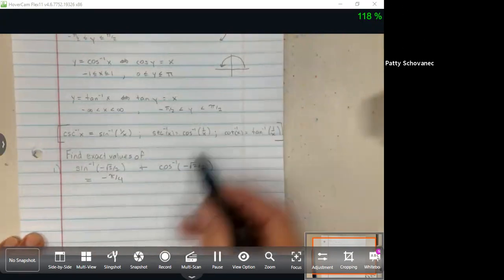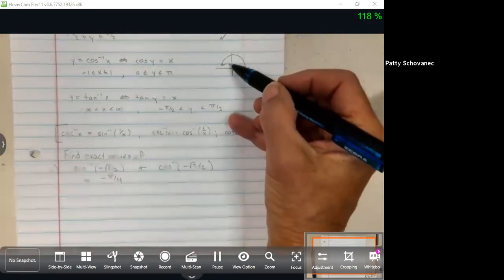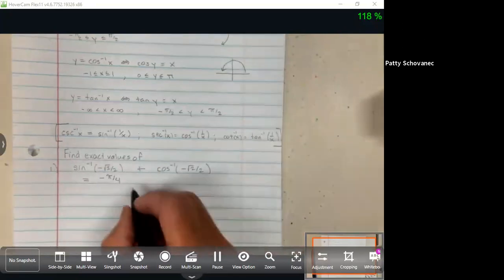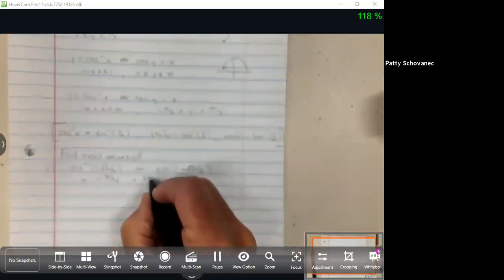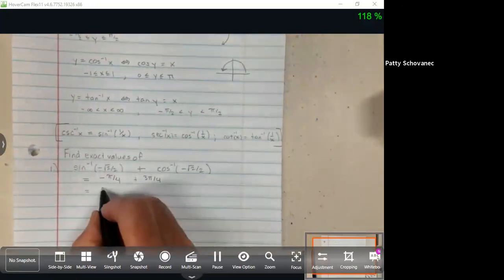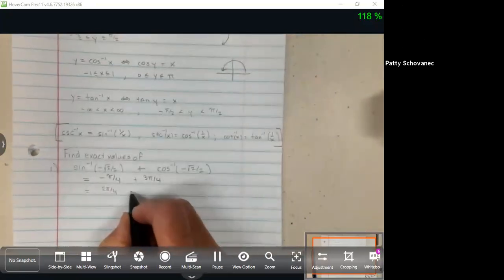But the cosine, if it's a negative number, is the angle in quadrant 2 that we would take the cosine of to get square root of 2 over 2. So what's the quadrant 2 version? Give me in radians, please. 3 pi over 4. And now we add those two together and we get 2 pi over 4, which is pi halves.